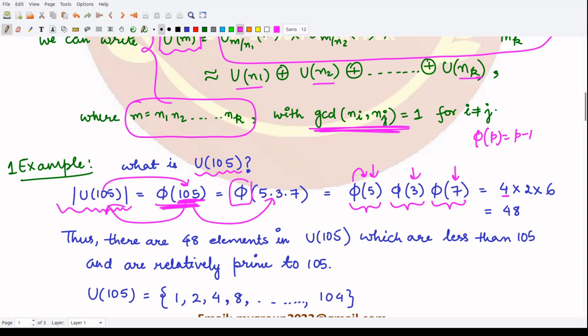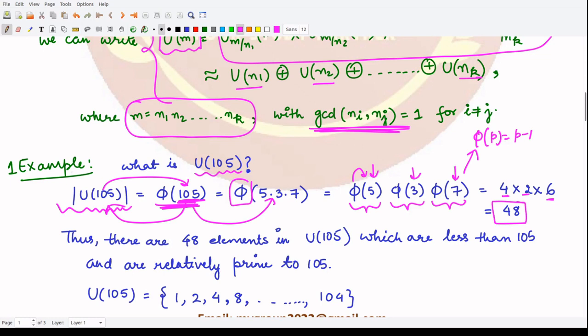Accordingly, phi(3) is 2 and phi(7) is 6. All these results about phi and other details are explained very well in the subject of number theory. If someone has studied number theory, you will be very clear with the notation phi and how it functions. So in total we have 48 elements present within U(105).